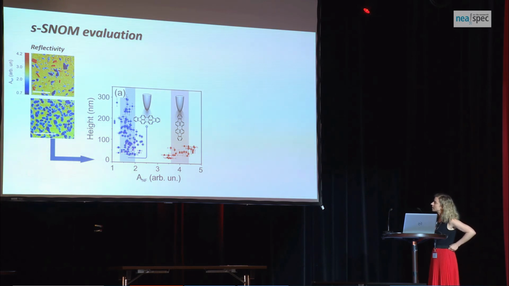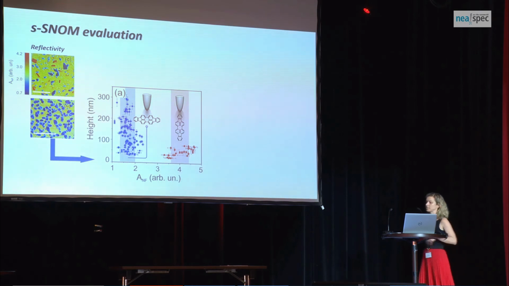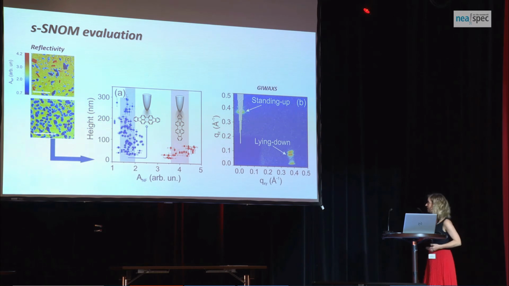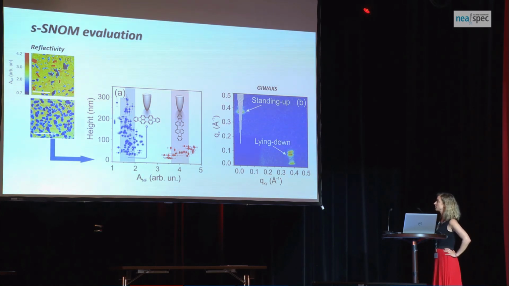So the islands that are taller and have a lower reflectivity signal, and the islands, there are less of them, but have a higher reflectivity signal. And this is in accordance with our previous study that the majority of the molecules adopt the lying down configuration, like shown here, whereas there are some areas where the molecules adopt a standing up orientation, like here.